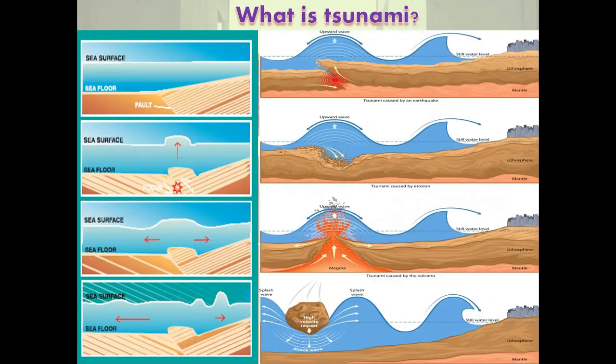Next, we can understand this from different figures. First, this is the sea floor and this is the sea surface. In the sea, the plate moves up and down in the earth. When the earthquake is produced, the water level increases and the height increases and decreases in the sea. In this figure also, this is the sea floor and this is the sea surface.